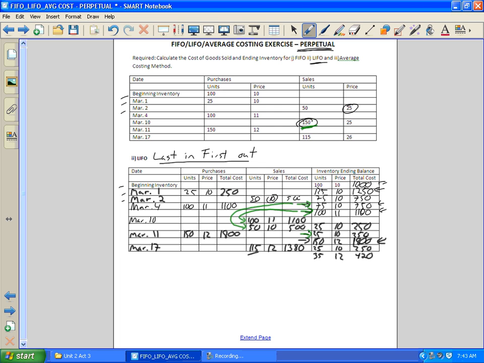Now if we take totals here, add up this column, the 500, the 1,100, the 500, and the 1,380, that gives us a cost of goods sold of 3,480. And these two figures here, the 250 plus the 420, give us $670.